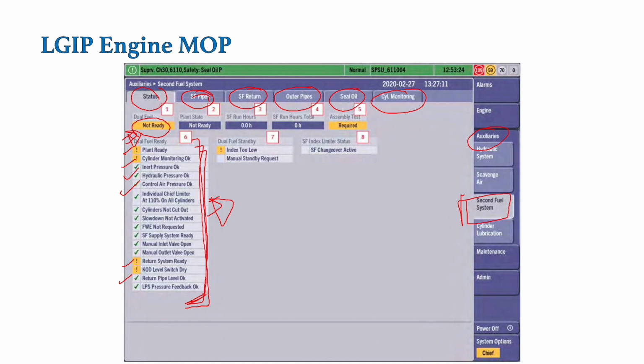Before we see the process, we have to see the MOP for the secondary fuel supply system, then return, then outer pipe, then sealing oil, then cylinder monitoring, and then finally we will go for the whole changeover process. So let's carry out the screen for the secondary fuel supply piping or supply system.